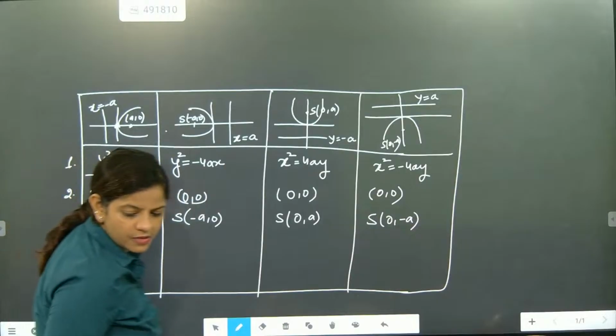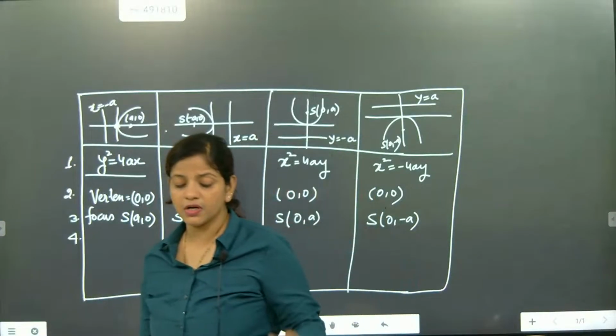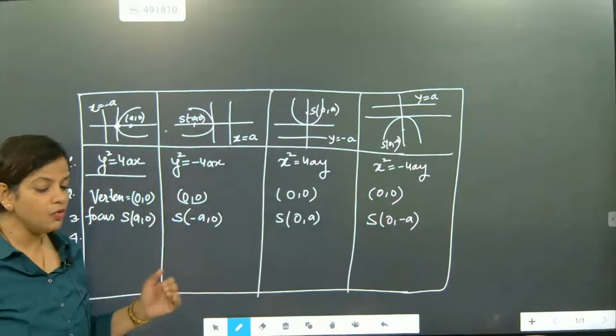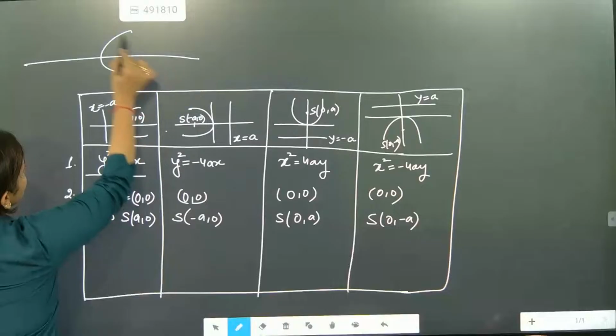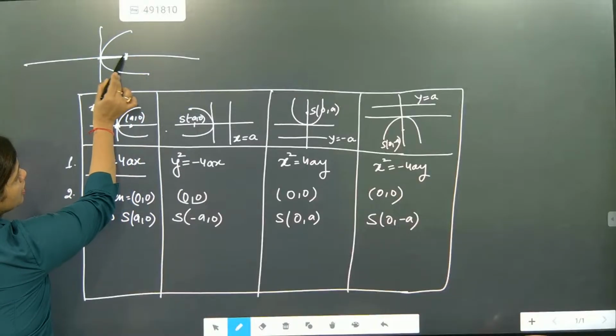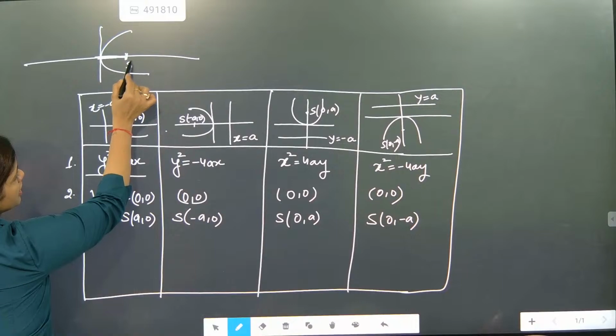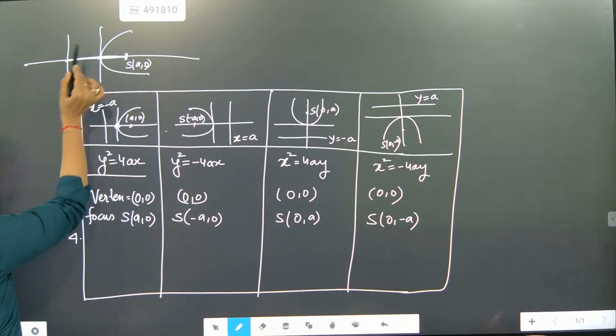If somebody asks you what is the equation of the directrix for the fourth one, I told you, okay, the parabola part, how much is this length? You remember one thing. This is the parabola. How much is this distance? From the vertex to the focus, if the distance is a comma 0, then the directrix distance here will be equal.